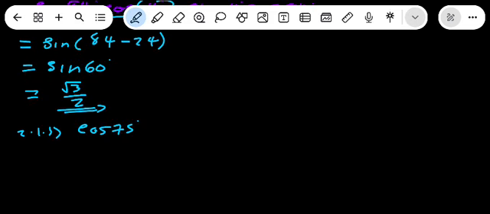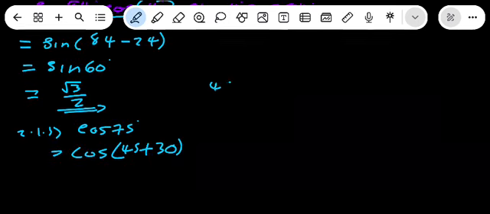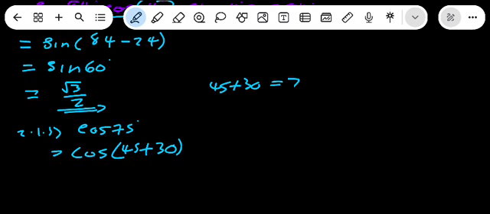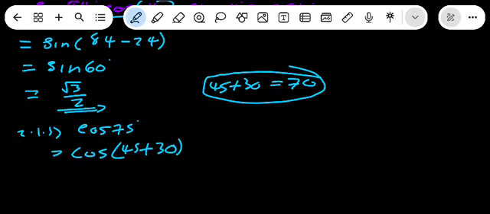You can rewrite cos 75 as cos of 45 plus 30. Remember, 45 plus 30, you have not changed anything. 45 plus 30 simply equals 75. You did not change anything.